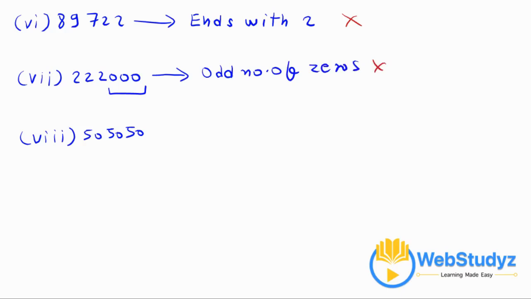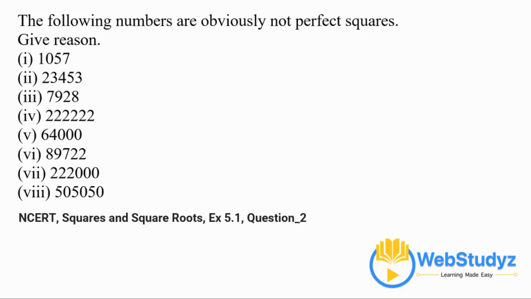And this number again has odd zeros, that's why this is also not a perfect square. So we have checked each of the following and given the reason why they are not perfect squares.